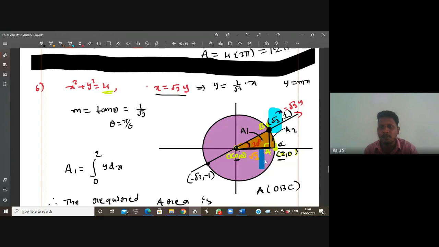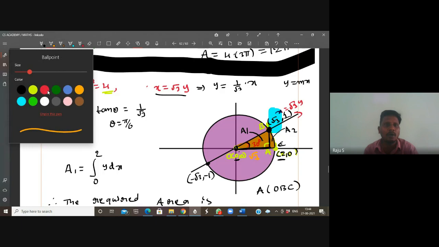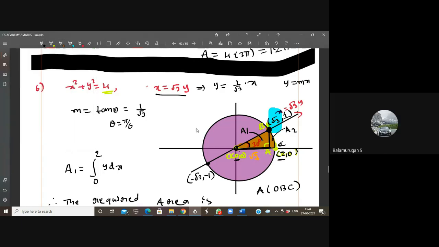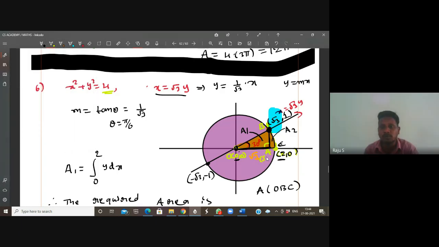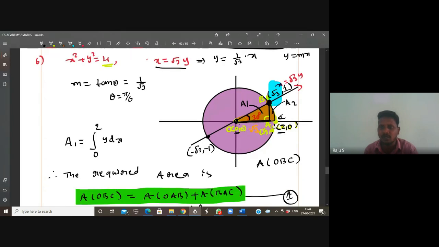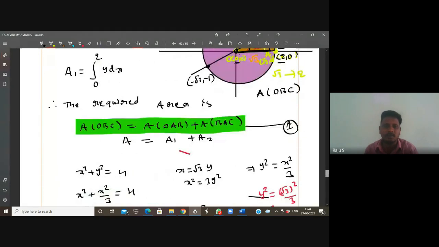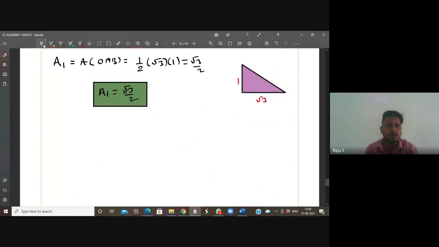What is the point A? Root 3 comma 0. Then what is the point C? 2 comma 0. Then to find this area, shall I take the x roots as root 3 to 2? Yes, we can take. So the area of A2 is given by integral root 3 to 2 of y dx.